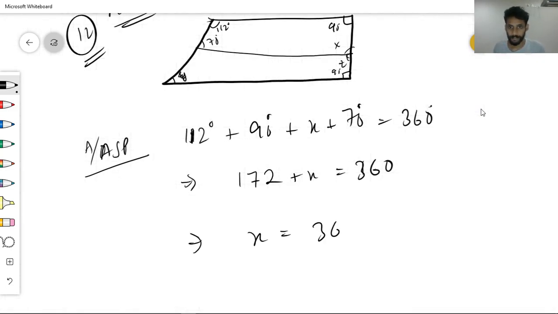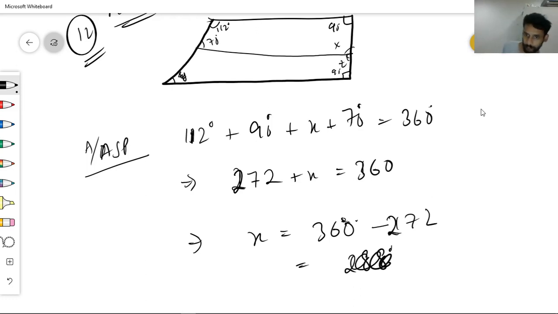Then X is equal to 360 degree minus 272. That will be 88 degree.